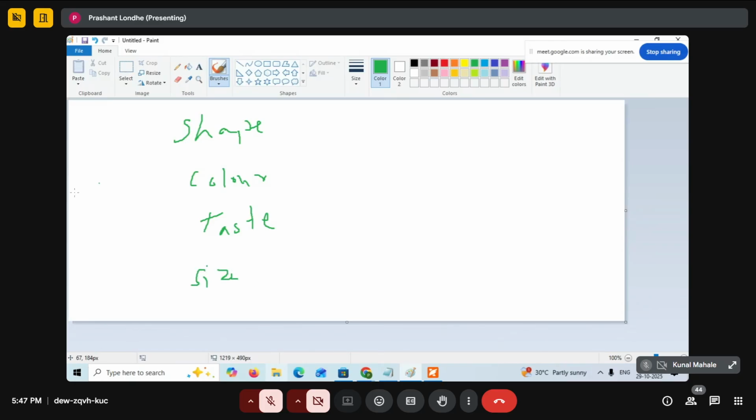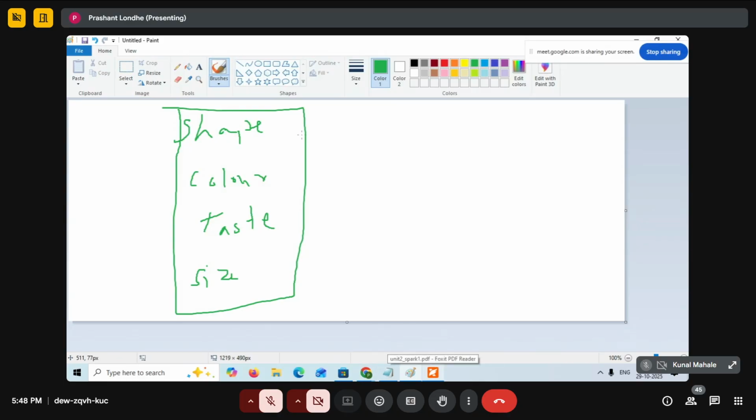Suppose these are the properties for a particular fruit. This is known as a feature extractor. There are many features, like smell is also there, but I am not going to use smell, so that will not be a part of my feature extractor. The feature extractor produces your actual features and plays an important role in determining that particular object.